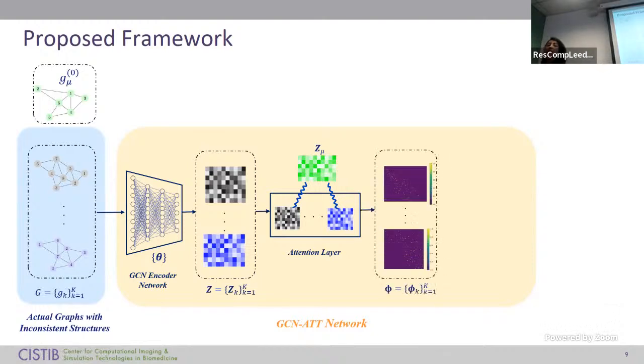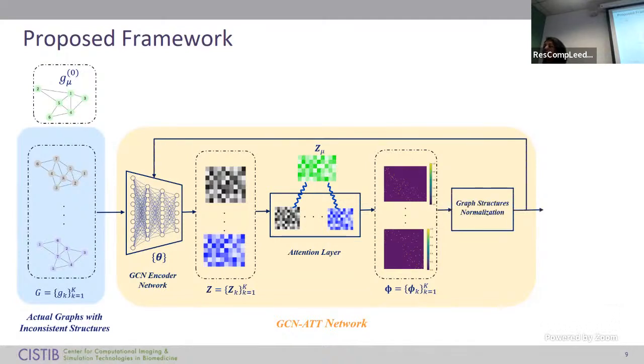And then we will find the correspondence map between each training sample and our refined atlas mesh.